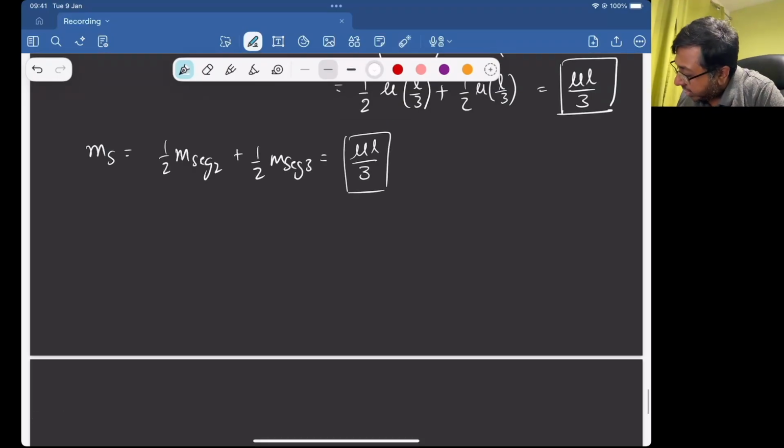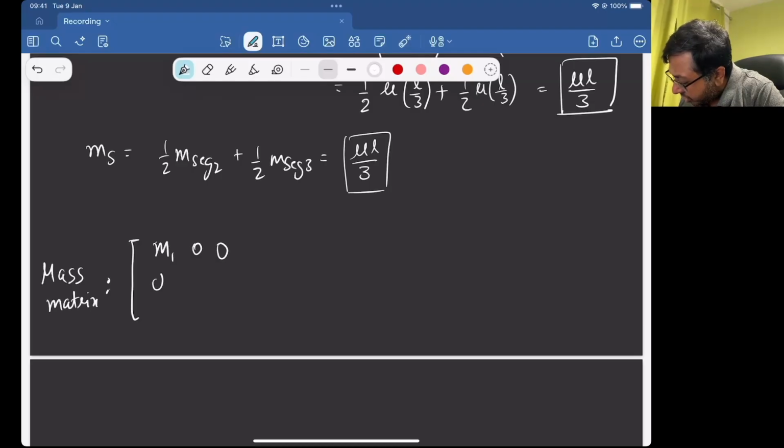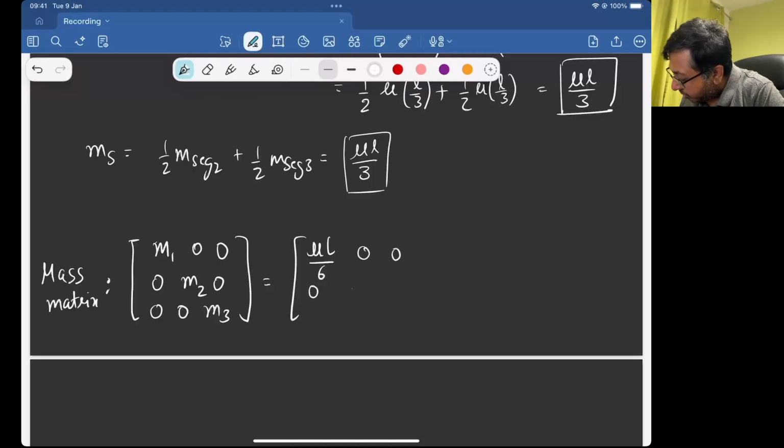But now if we use our idea from the MDOF system, if you remember, our mass matrix was M1 0 0, 0 M2 0, 0 0 M3, that is nothing but mu L by 6 0 0, 0 mu L by 3 0, 0 0 mu L by 3, right?